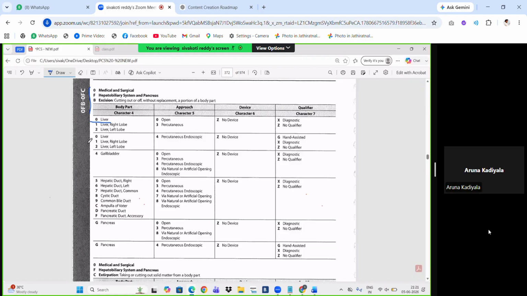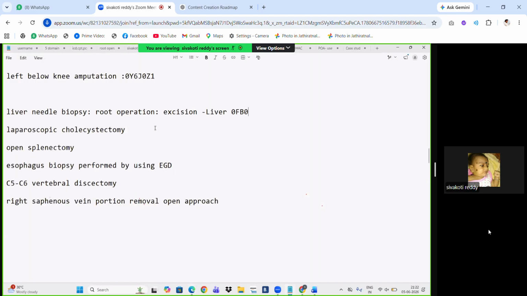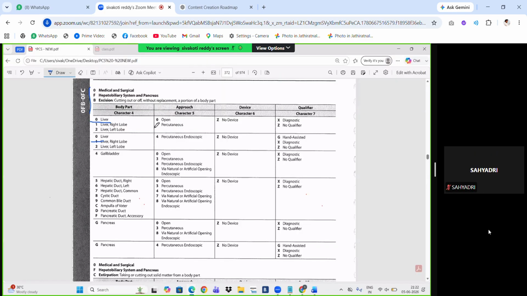Yes. In the two tables we have 0, right? Now come to the approach. What approach did they mention here? Percutaneous. Percutaneous for excision, so percutaneous 3.